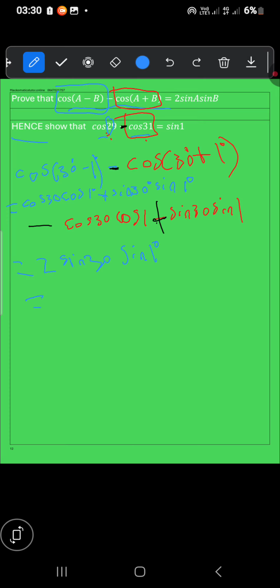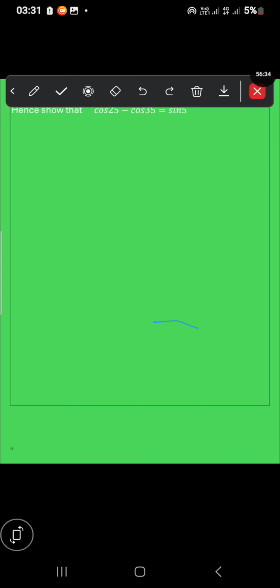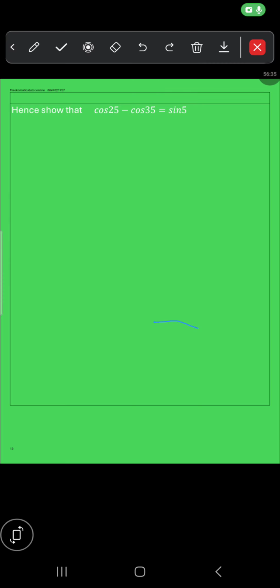But we know that sine 30 can be written as 1 over 2, sine 1 degrees. 1 over 2 times 2 is sine 1 degrees. Hence, we can say, hence prove this one.